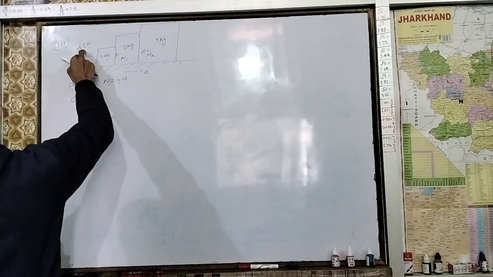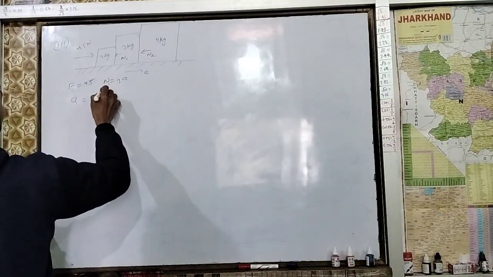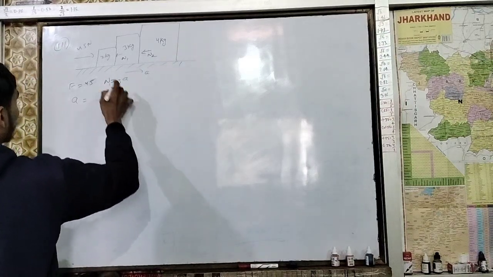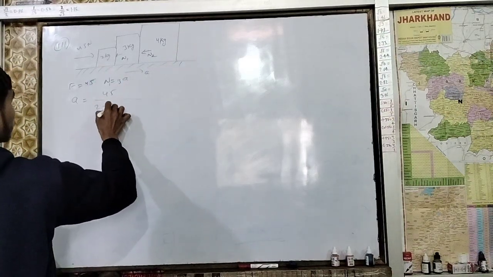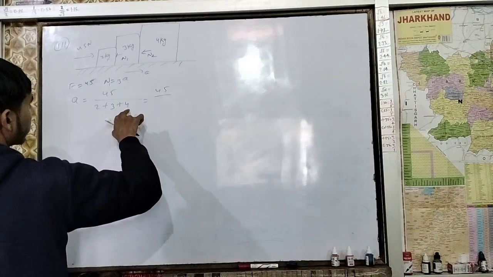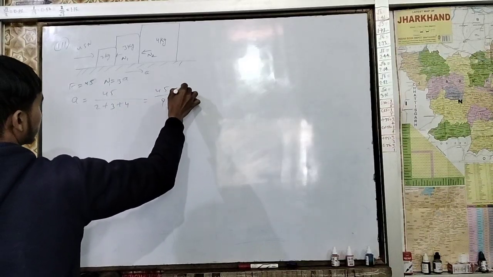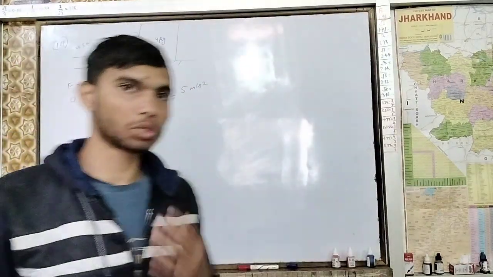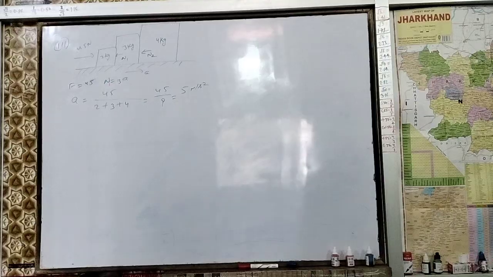So total force is how much? 45. In this there is no force. Total mass is 2 plus 3 plus 4, which is 9. 45 upon 9, 5 meter per second squared. That is how you can bring the answer.